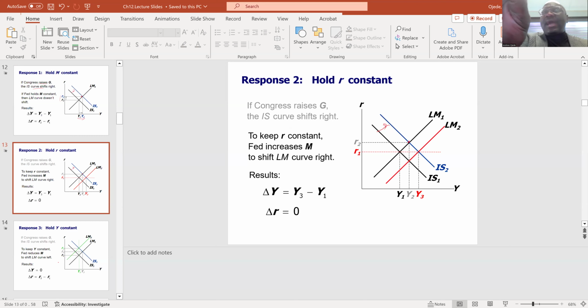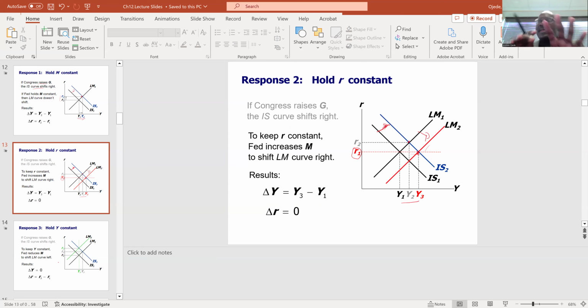The Fed is going to counteract that fiscal expansion, which shifted the IS curve to the right, by increasing the money supply. When the Fed increases the money supply, the LM curve shifts to the right. As you can see, at the point where the new LM curve 2 intersects with the new IS curve 2, we hold the interest rate at its original level of R1. But that is going to increase output even further to Y3.